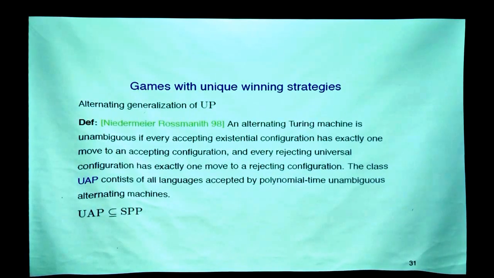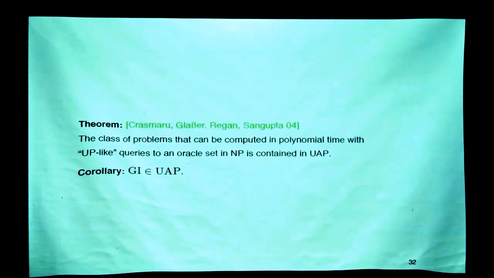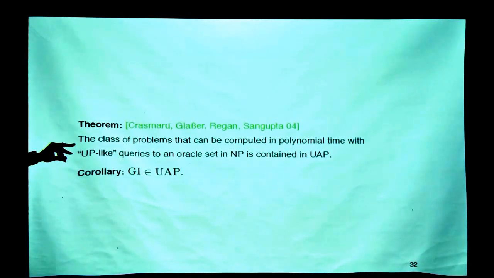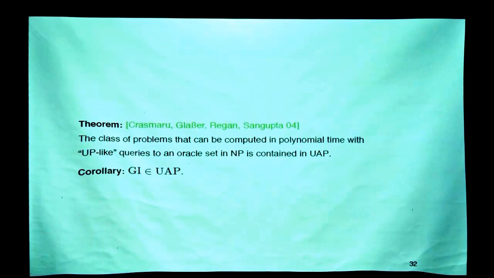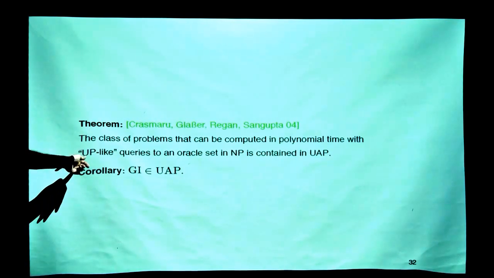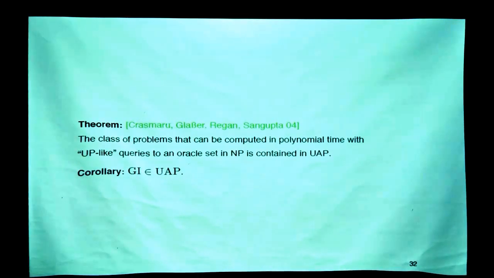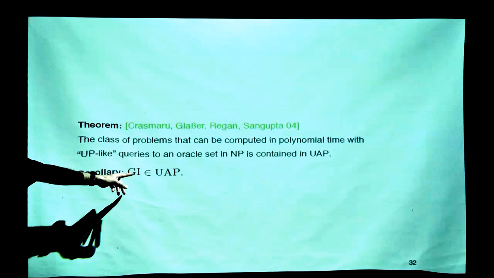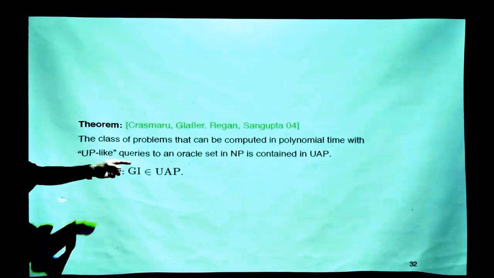And there's another proof that what I was saying before, the class of problems that can be computed with UP-like queries to NP, like queries that have either 0 or 1 solution, you can prove inclusion in this class UAP.